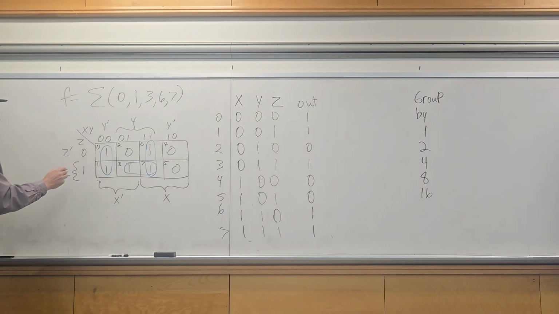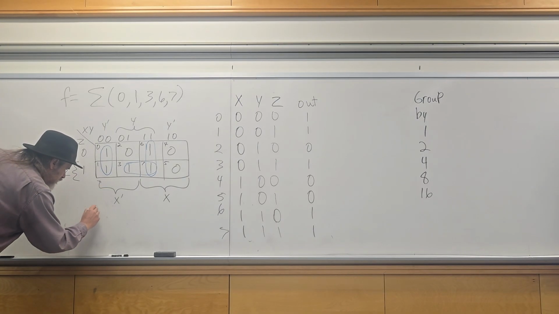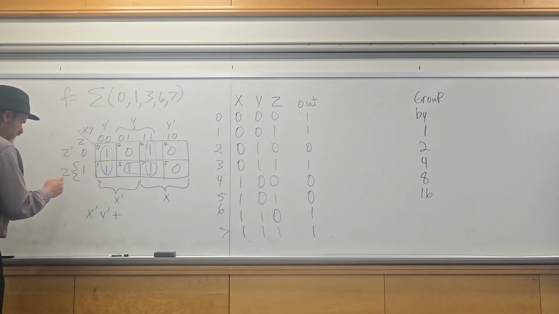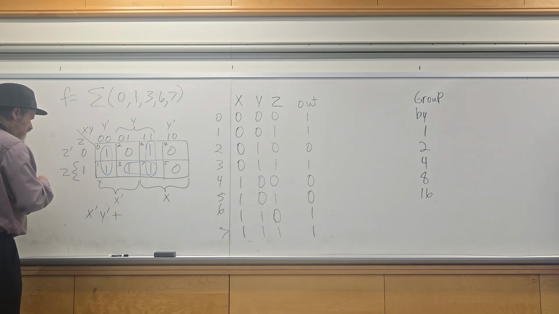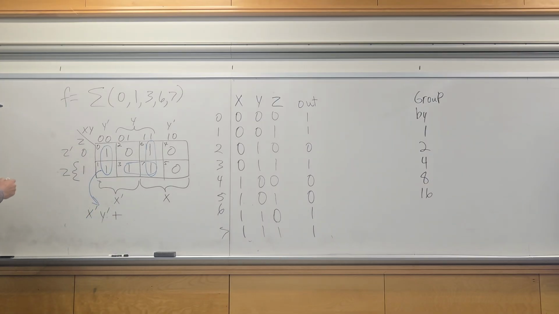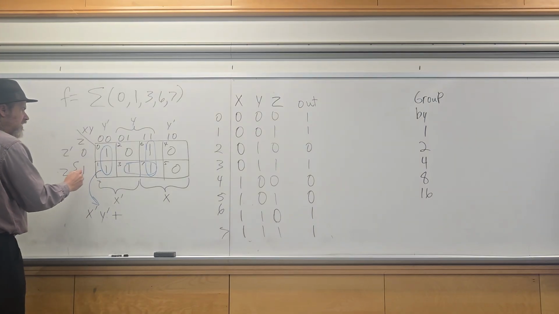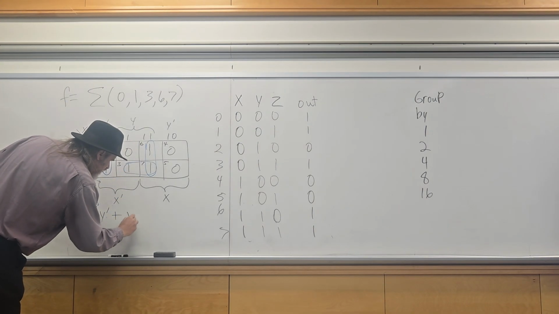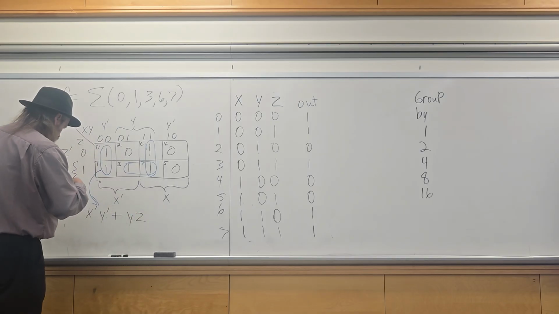Z doesn't matter, so it's x prime, y prime for this group. This is all z and all y, so yz for this group.